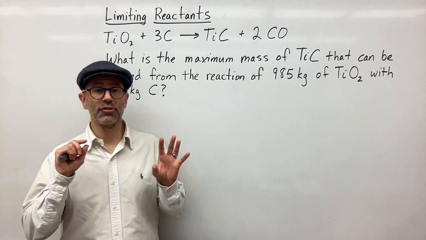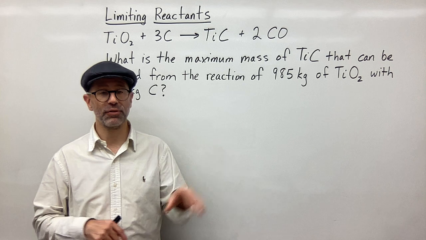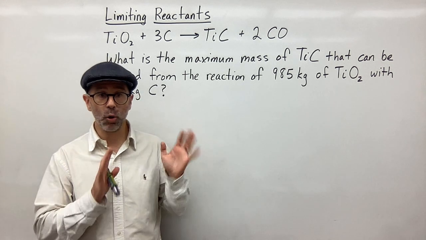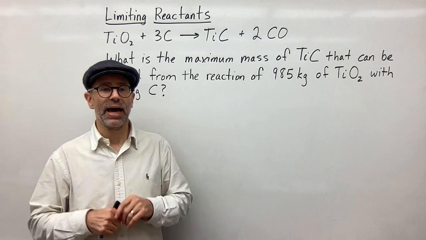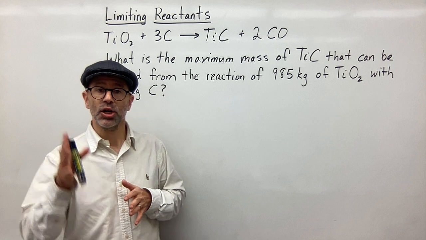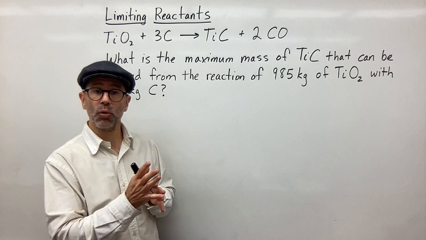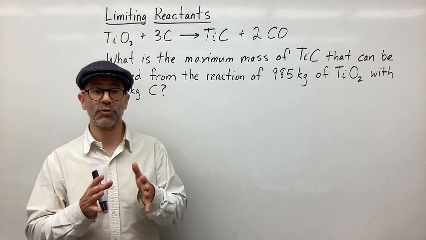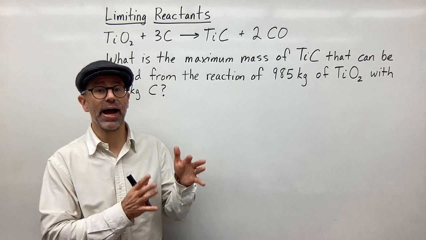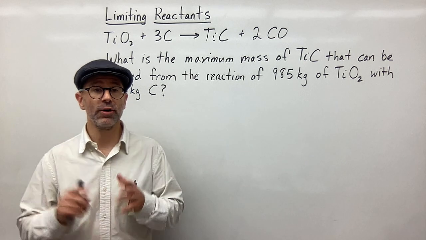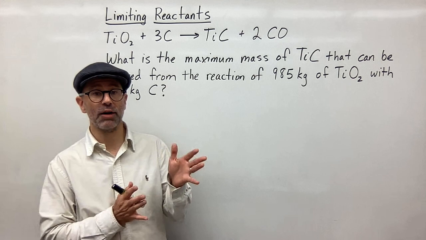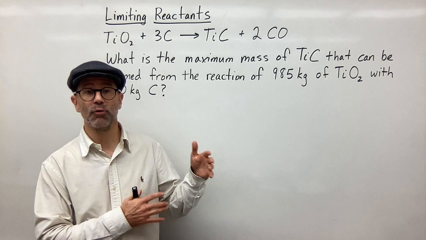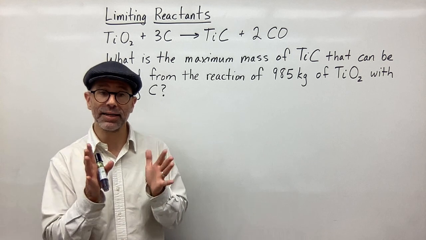So if they give you certain mass amounts, like grams of this, grams of that, or kilograms, you can convert both of the reactants to moles and then convert one of the reactants to the amount of moles of the other reactant, to see how many moles of one reactant you would need to completely react with the other. So you can figure out, do I have enough of the other reactant to react completely, or do I have more than enough or less? So you can compare the reactants.